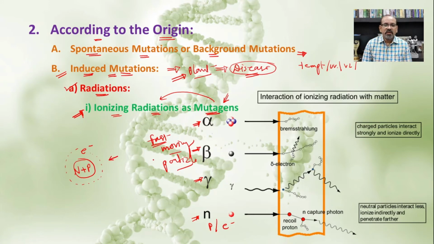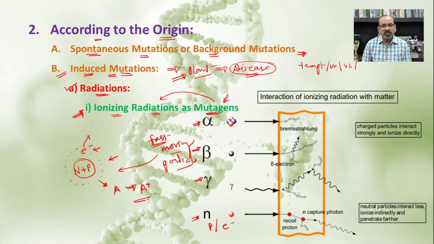But if it is irradiated with fast moving particles, they excite the electrons present in the atoms, and the electrons are expelled outside. Say for example, this A is an atom which was neutral, and later by the loss of an electron it becomes an ion with a positive charge.